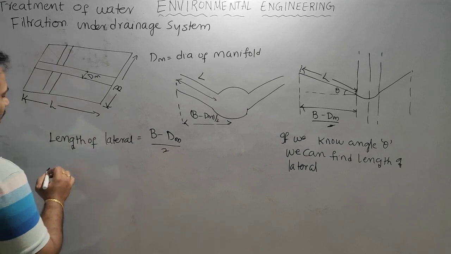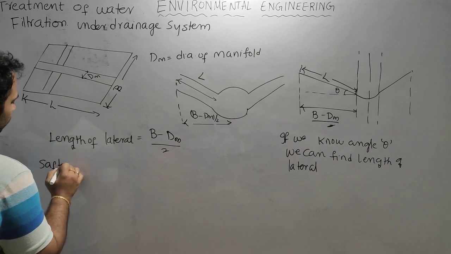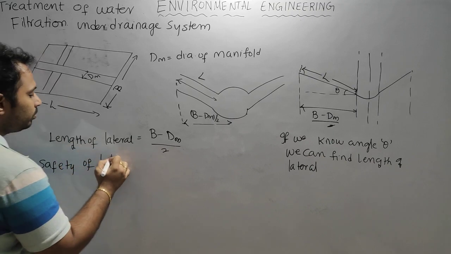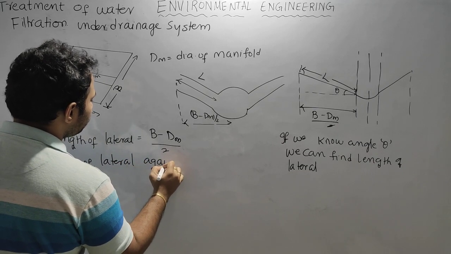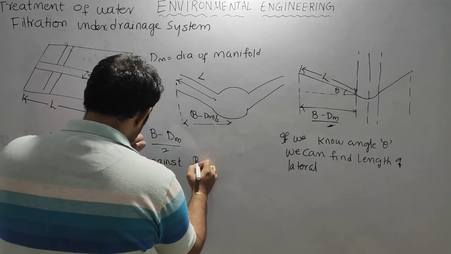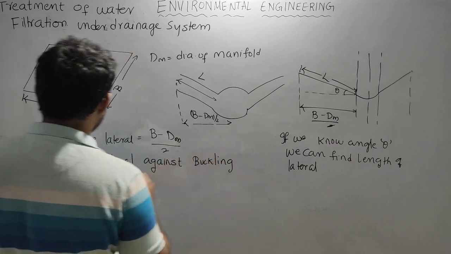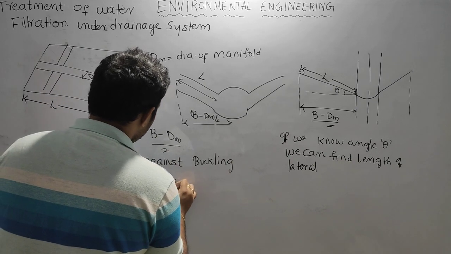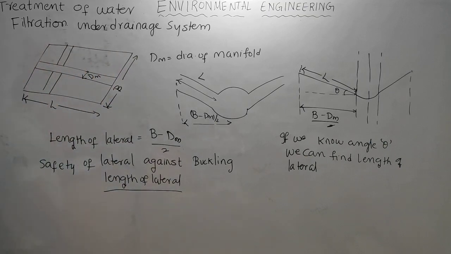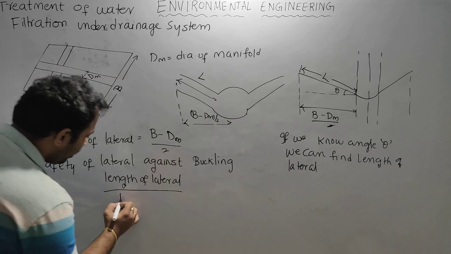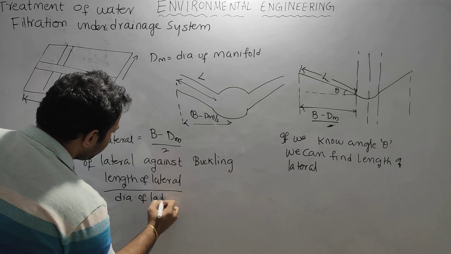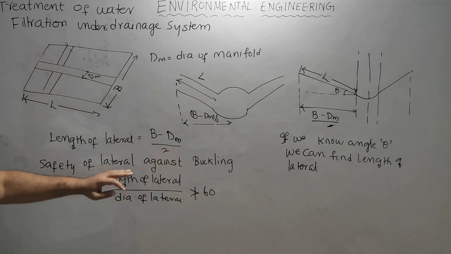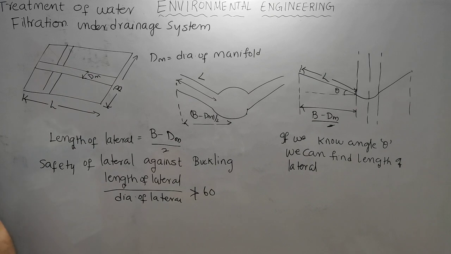So if the length of the lateral divided by the least dimension of the lateral, that is the diameter of the lateral, should not be more than 60, then it is safe against buckling.